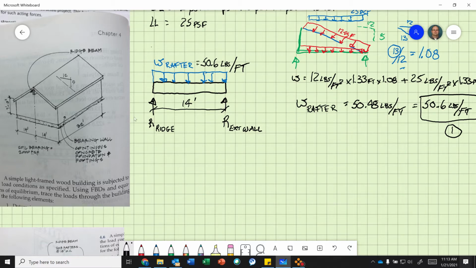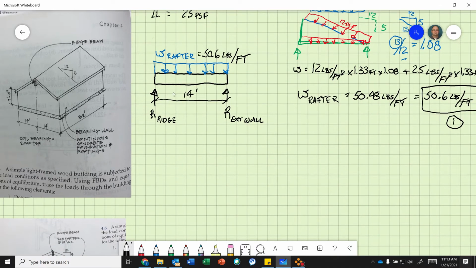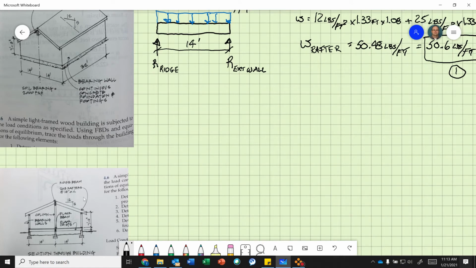So basically what we need to do is we need to calculate the reaction of that rafter. So basically this point load, we're going to calculate this reaction right there at the ridge and this reaction right here at the exterior wall. That number, so there's a rafter every 16 inches, so there's a point load every 16 inches on top of that bearing wall.